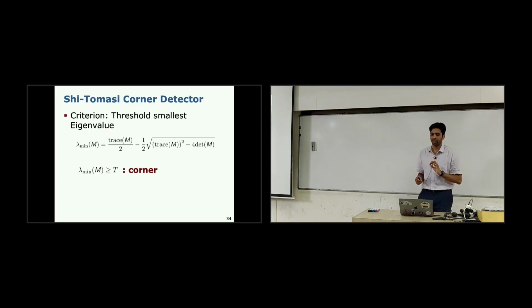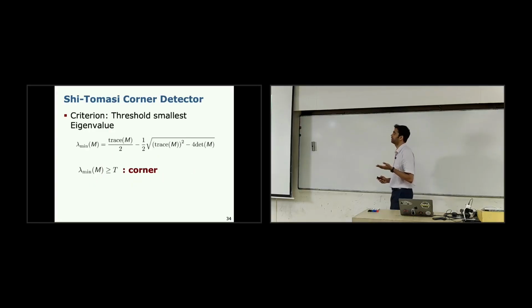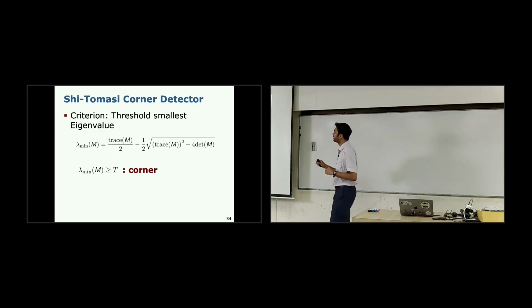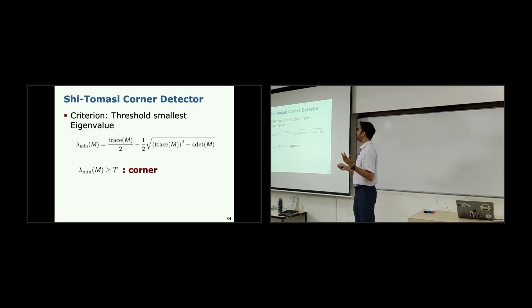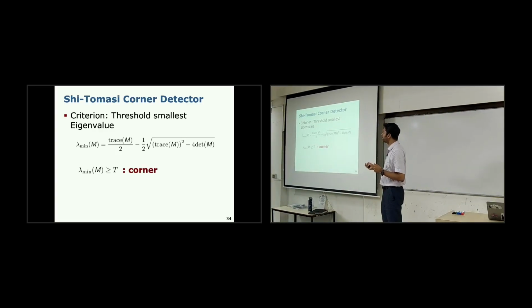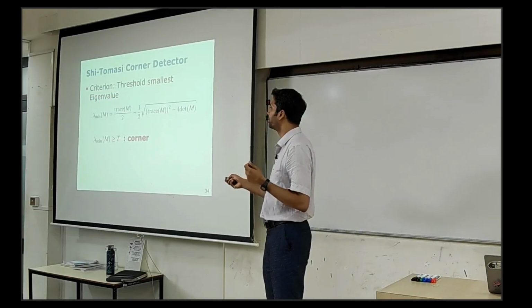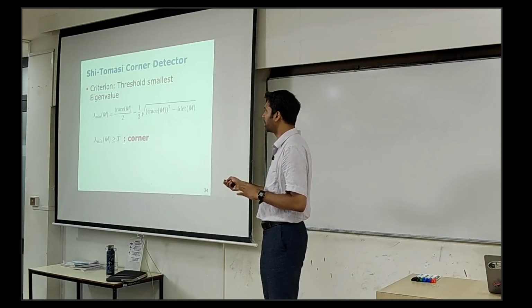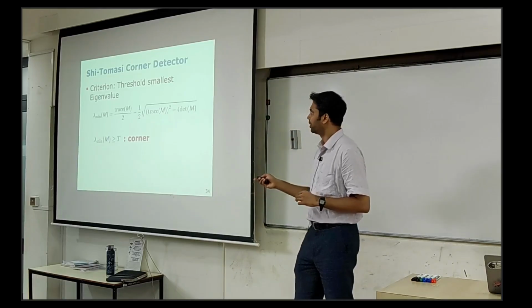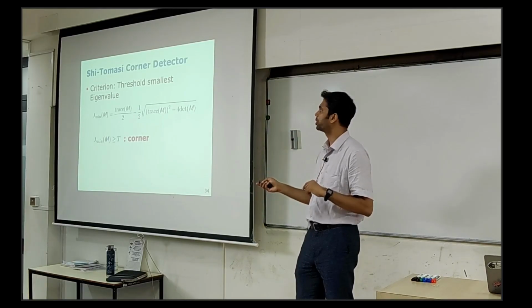There's a slight difference that Chebrolu proposed. All the calculations are exactly the same, but he made the criteria using just the smallest eigenvalue. So instead of using both eigenvalues, Chebrolu came up with a formula which says just look at the smallest eigenvalue, which you could compute using this formula, and test it against some threshold. If the eigenvalue is greater than the threshold, then it's a corner. So this is in some sense a simplification of the Harris detector.